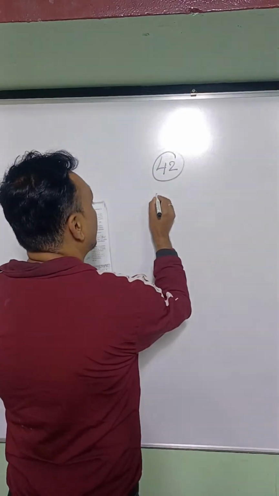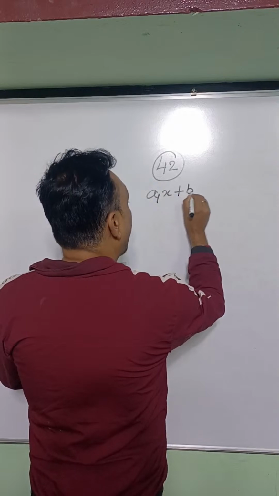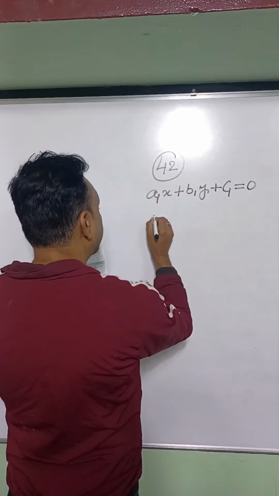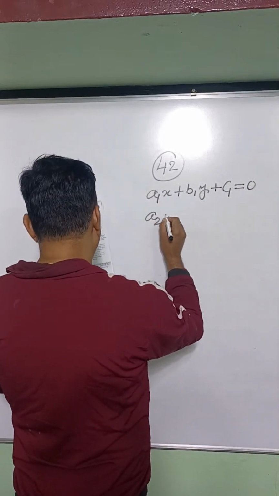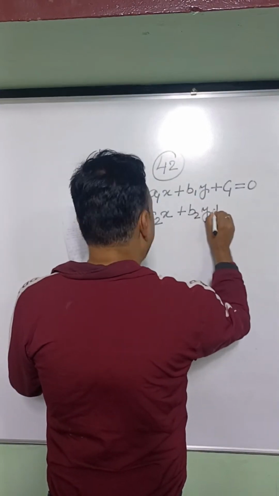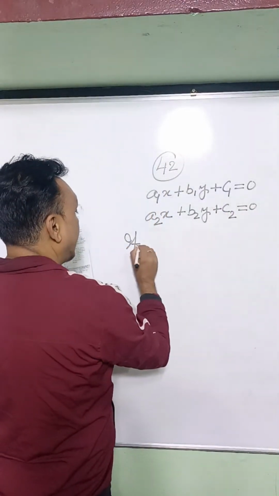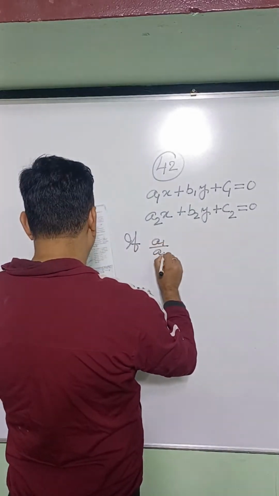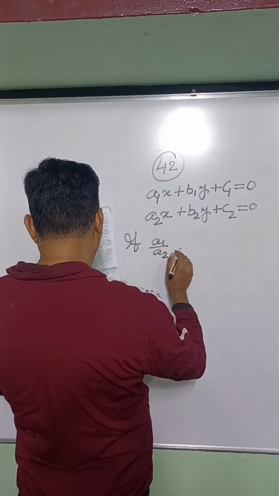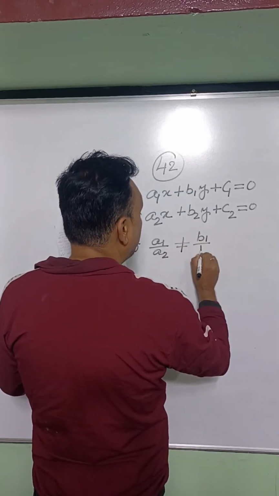Suppose there are two general equations, a1 x plus b1 y plus c1, and a2 x plus b2 y plus c2. I'm writing the general equations, then I will write the formulas as well. From these equations, we can find out if a1 by a2 is not equal to b1 by b2.